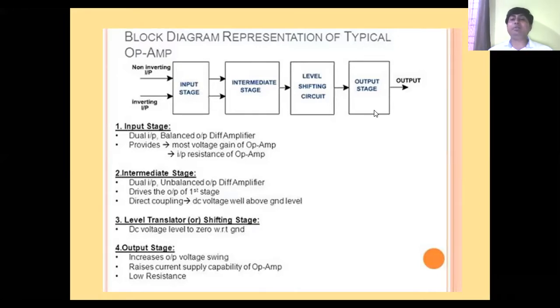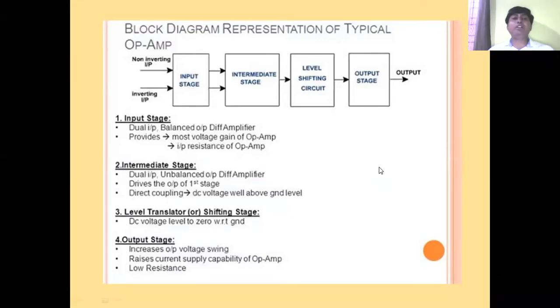So at the output it is observed that the resistance is very low when compared to the input. So the input resistance of the op-amp is high, but the output resistance of the op-amp is low. This is because of the output stage where we are using a class C push-pull amplifier. So this is with respect to the block diagram of the operational amplifier.